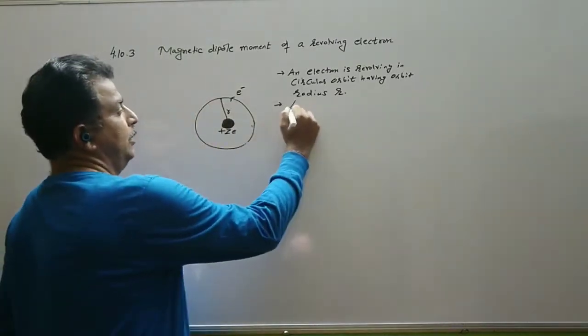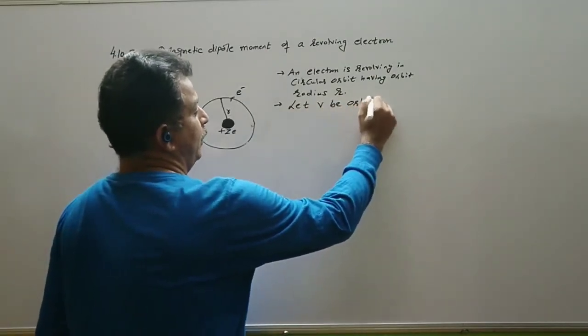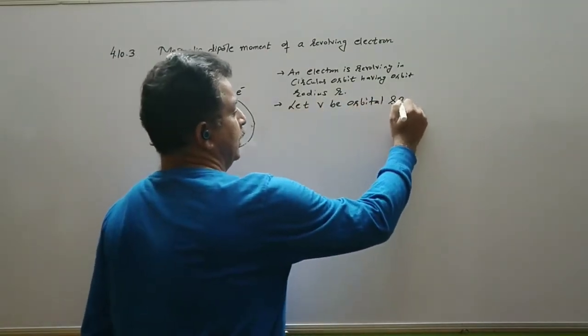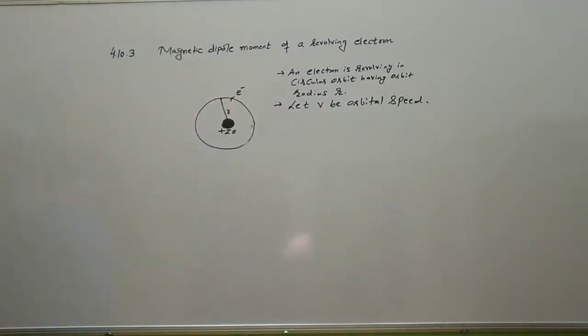Let V be the orbital speed. So we assume the orbital speed of an electron is V, which we know is along the tangent. So it is similar to a planet revolving around the sun.